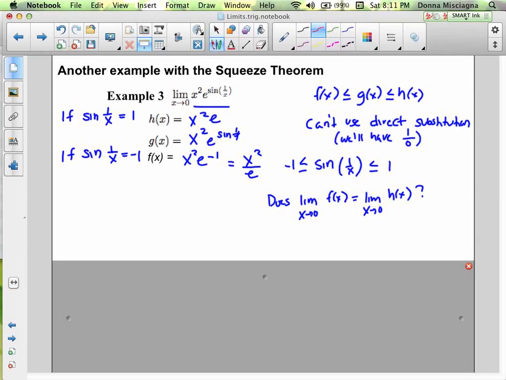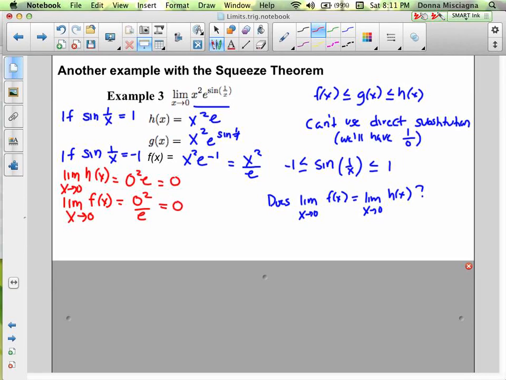The limit as x approaches 0 of h of x is 0 squared times e. Well, that's 0. The limit of f of x as x approaches 0 is 0 squared divided by e.